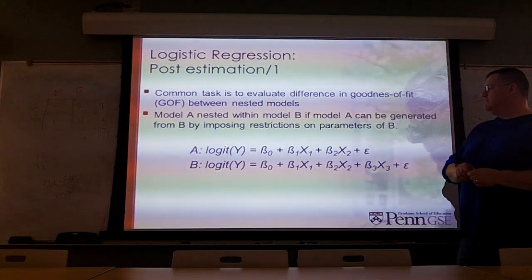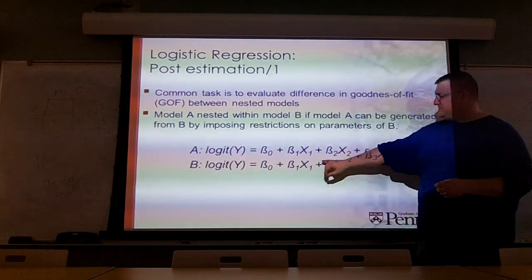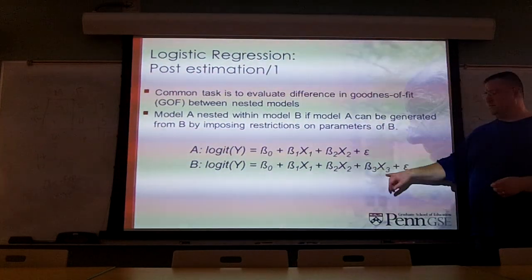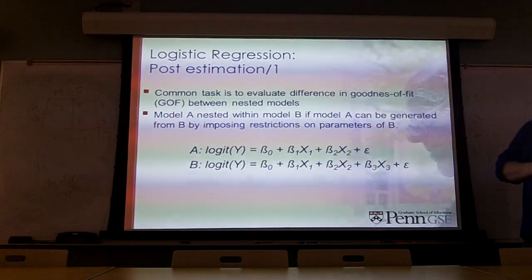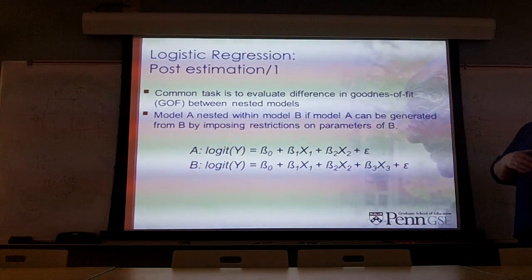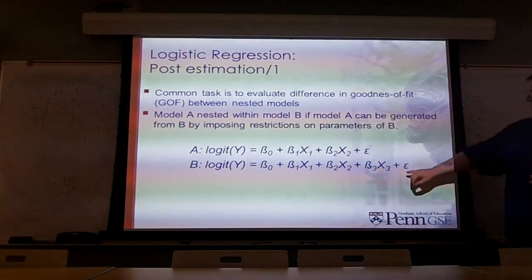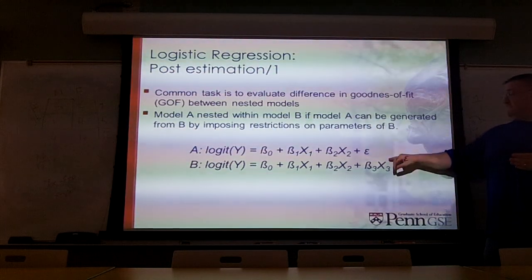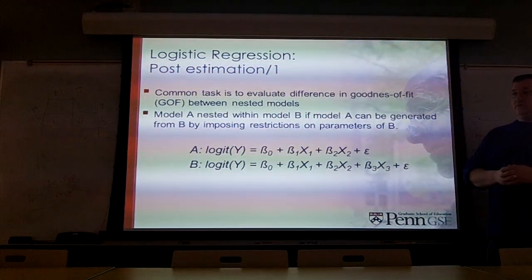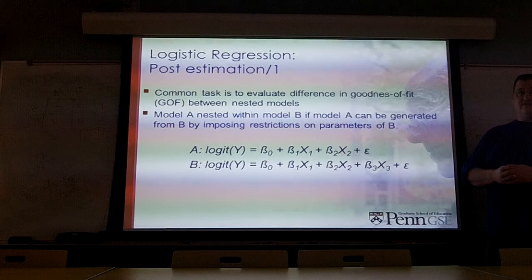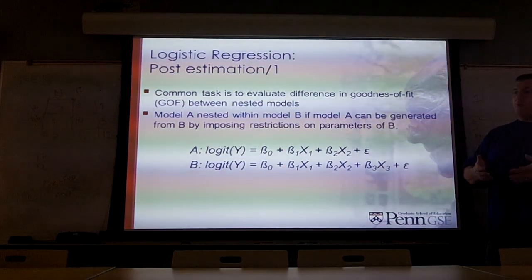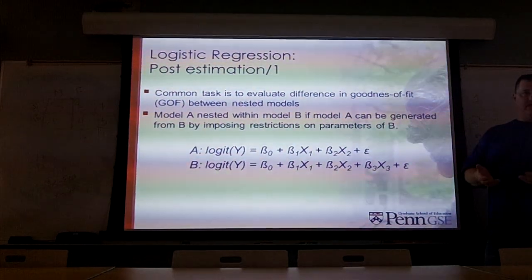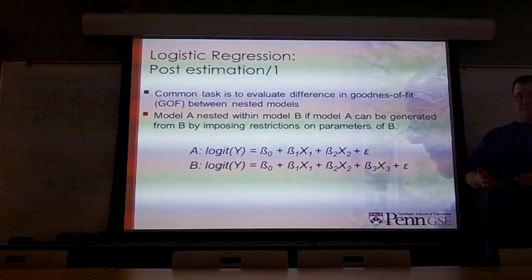Then I'm going to fit another model where I'm also going to include x1, x2, but now I want to include x3. And so the question we could ask is, does adding x3 improve the fit of the model?